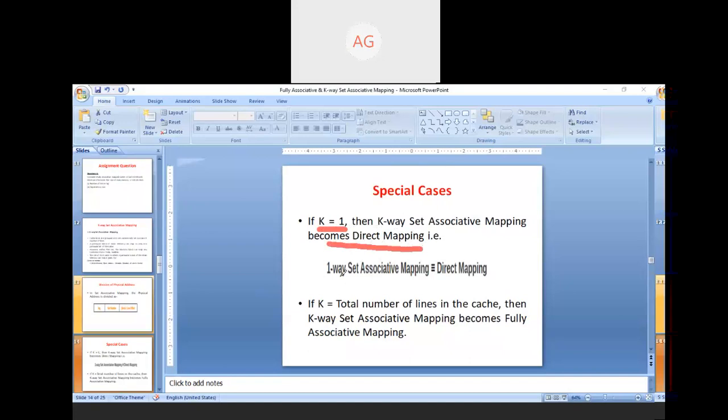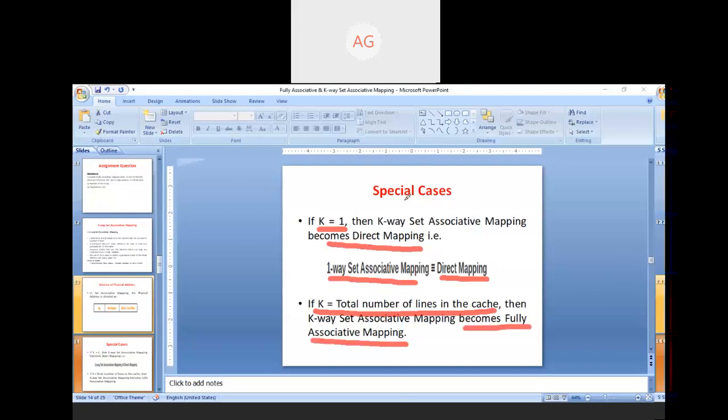In this case, one-way set associative mapping is there because the value of k is 1, and it is treated as direct mapping. And if k is equal to the total number of lines in the cache, meaning all the lines are freely available, then K-way set associative mapping becomes fully associative mapping.